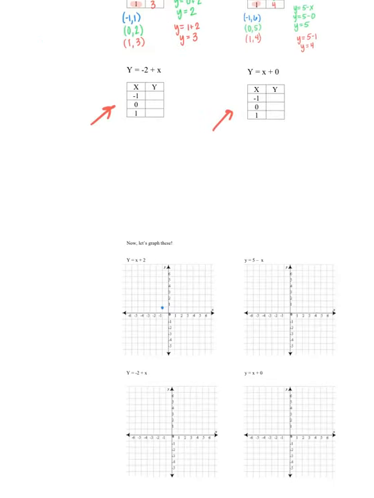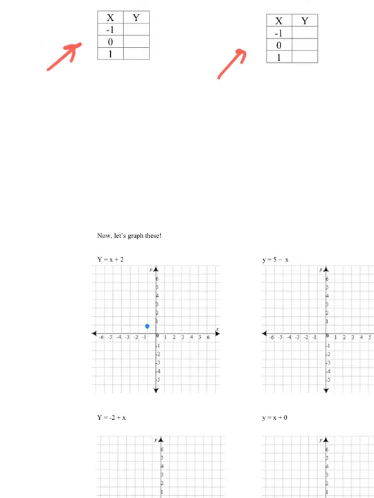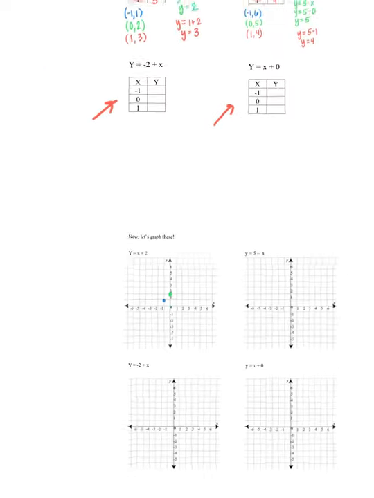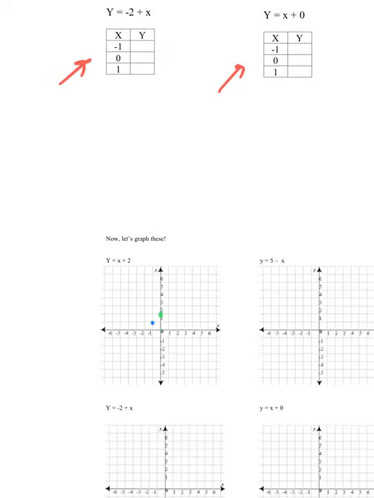The next coordinate is 0, 2, and then the last one is 1, 3. So again, this is a linear equation because it creates a line, and that's how we would graph it.